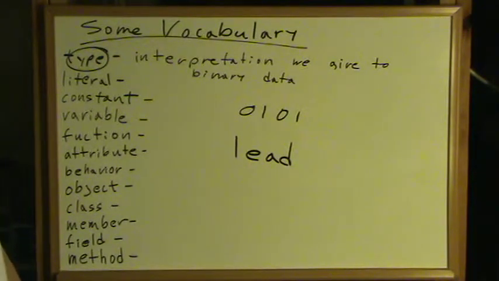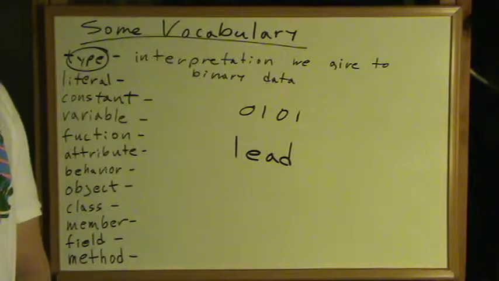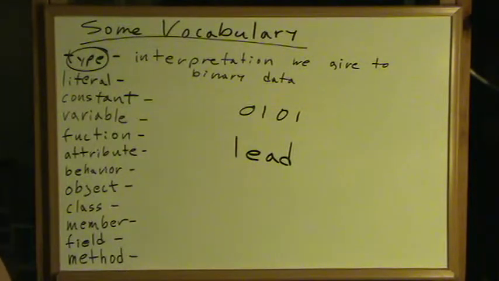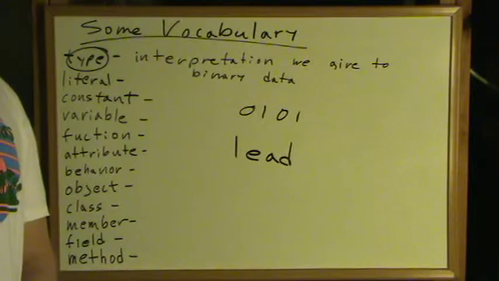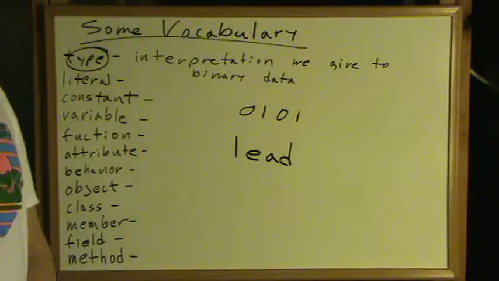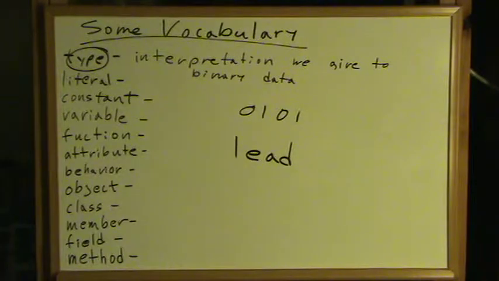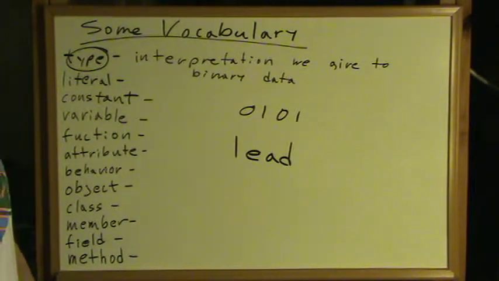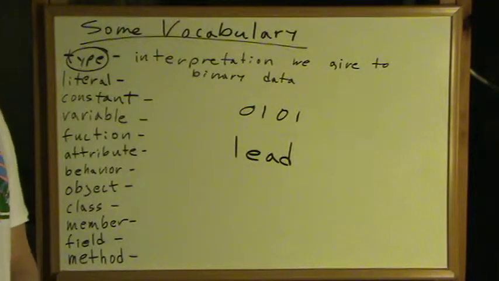Now, how many of you think that this word is pronounced "led," and it means a certain kind of metal? Okay? Now, how many of you thought this word is pronounced "leed," and it means to guide a group of people in a certain task, as in leading somebody the way that they should go?